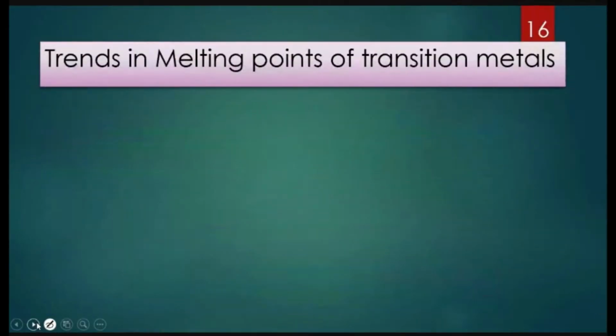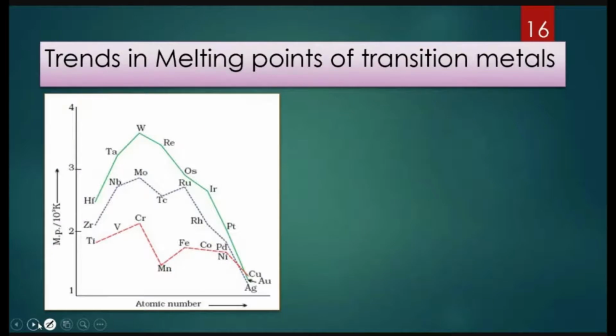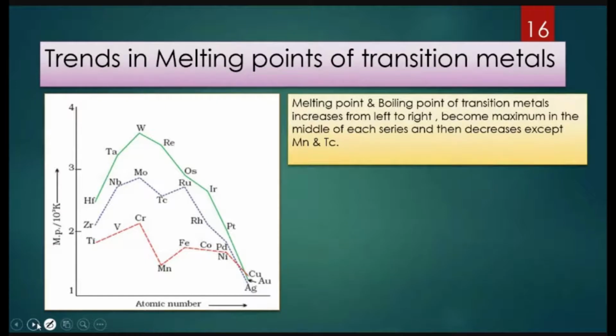Trends in melting points of transition metals. Here is a graph, atomic number versus melting point. Here we have taken the first, second and third transition series of elements and plotted a graph. If you carefully look at the graph, what we can infer is that the melting point and boiling point of transition metals increase from left to right.